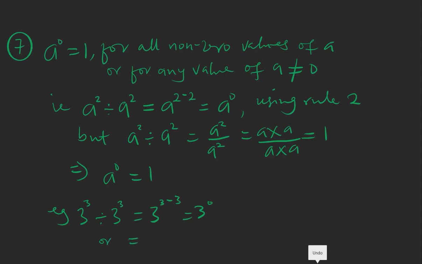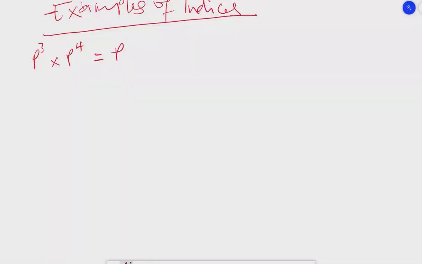This can also be done in another way by saying that 3 raised to the power 3 divided by 3 raised to the power 3 is the same as 3 times 3 times 3 divided by 3 times 3 times 3.